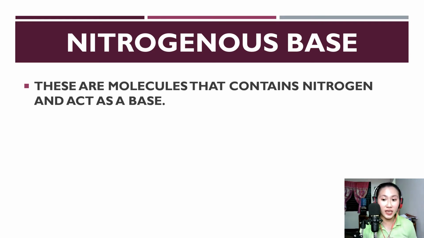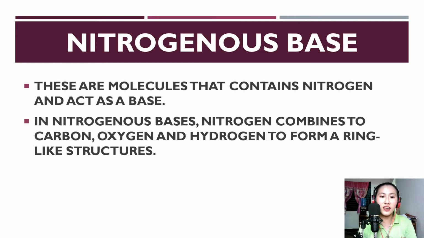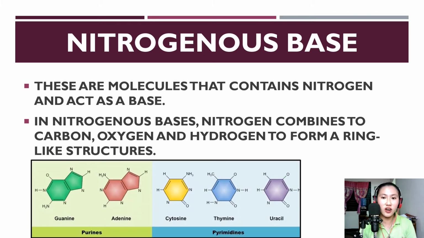So our body contains organic compounds such as carbon, hydrogen, and oxygen. In nitrogenous bases, nitrogen combines with carbon, oxygen, and hydrogen, the organic compounds in our body, to form ring-like structures. So these are the ring-like structures.